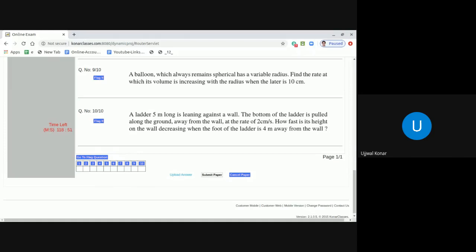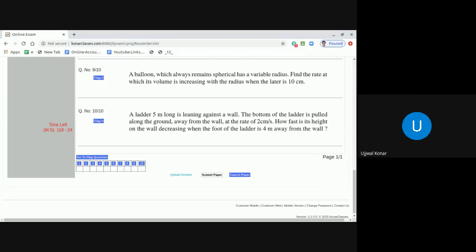Once that evaluation is done, the evaluated paper is also available to you. After evaluation, the faculty member will upload the evaluated paper into the website, and you will get an email notification to download your evaluated paper. So understand, dear students, by sitting at home, you are getting your descriptive paper evaluated.